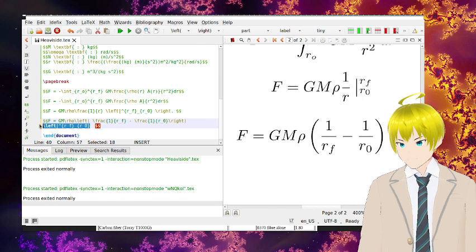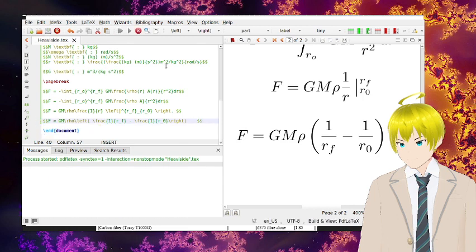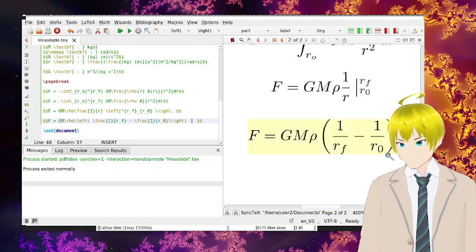There we go. So, 1 over r naught is actually, because r f is bigger, this is going to be less than 1. This quantity here. So 1 over a smaller number minus 1 over a bigger number will be a negative number. And so our force will be negative, which is correct. It's pointing towards the center. So this is like the net force of our wire. It's like pulling us down.